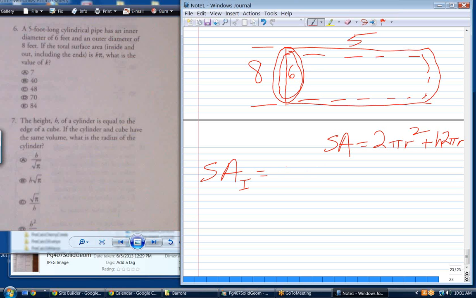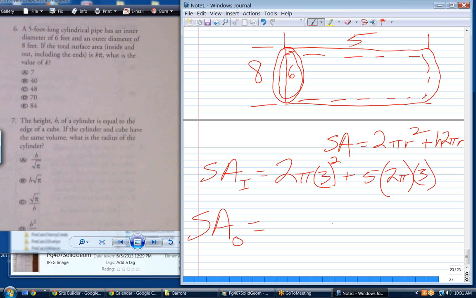So the surface area for the inside is 2 pi times 3 squared plus the height, which is 5 foot, times 2 pi 3. So that's the surface area of the inside. Let's do the surface area of the outside. Well, that's going to be 2 pi times 4 squared, because the radius of the outside of the pipe is 4, plus 5 times 2 pi times 4.